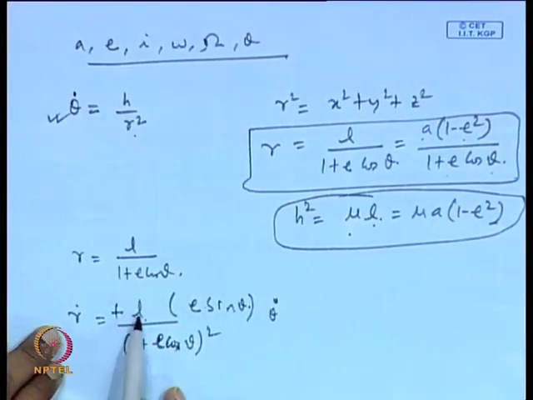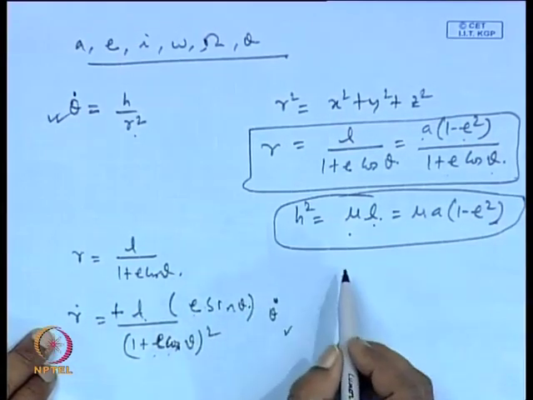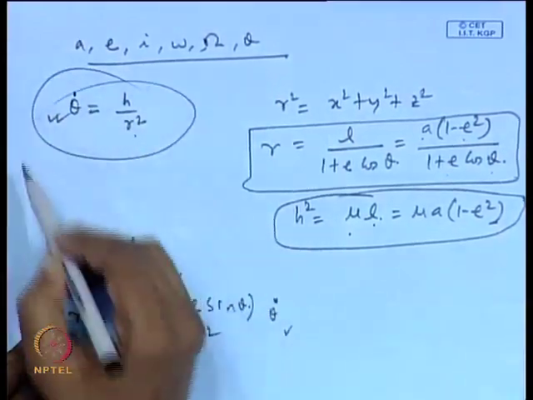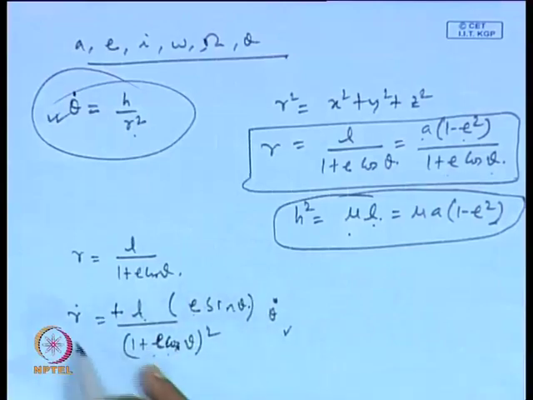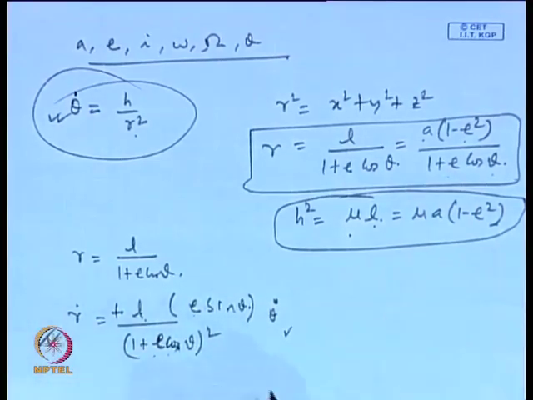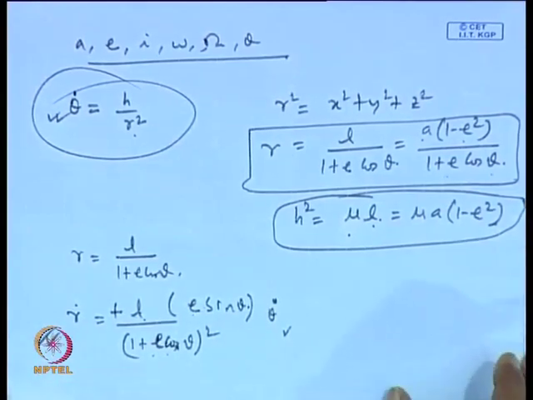Again all the quantities here are known, L, e, theta, and theta dot we have already determined from this equation. So, using this information we will be able to write the equation for r dot also. This completes the reverse process of finding x, y, z and x dot, y dot, z dot.